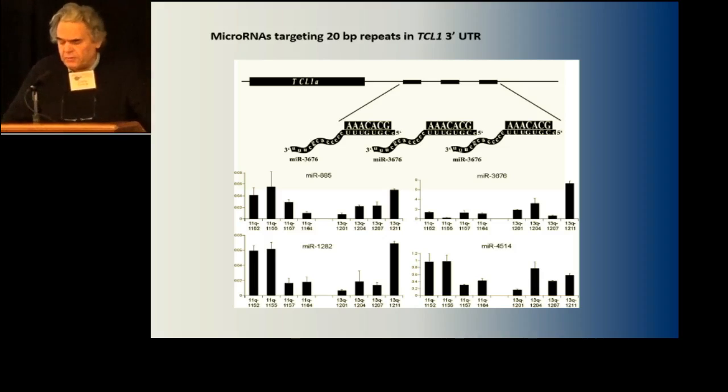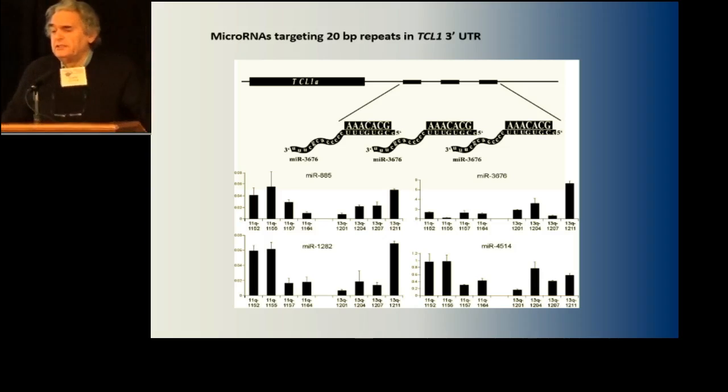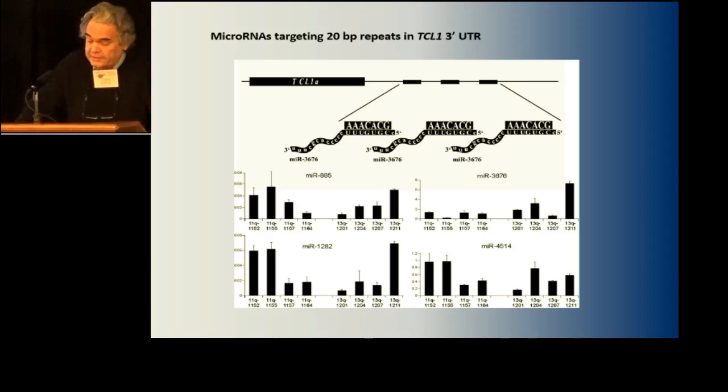Then we made transgenic mice in which we dysregulated this gene in T cells, and all these mice developed T-cell prolymphocytic leukemia, indicating that the dysregulation of this gene is the cause of this malignancy. But then we found that this gene was also overexpressed at high levels in a variety of B-cell malignancies, including B-cell CLL.